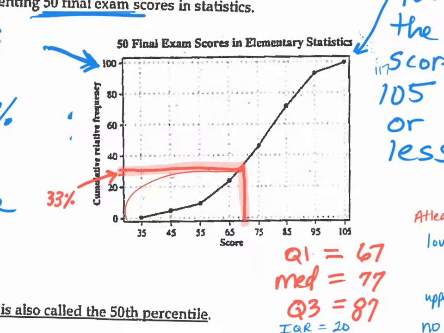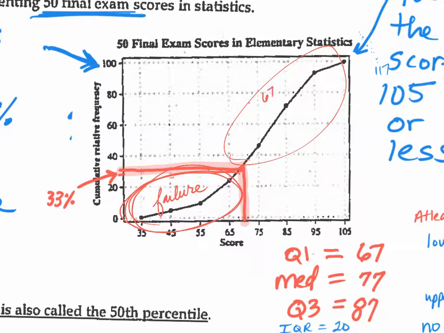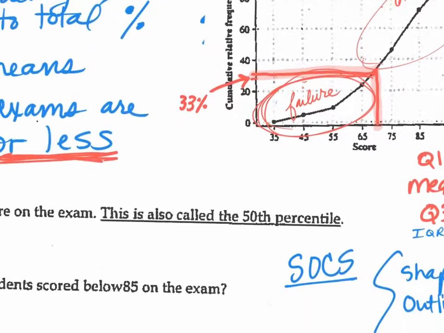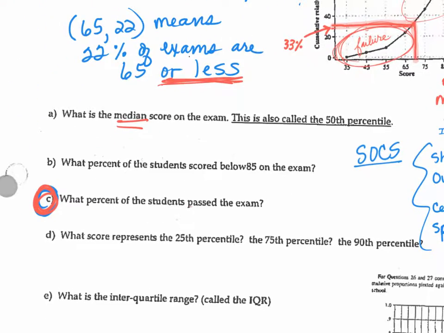Okay, yeah, 70 is fine. So you could probably say this is 30 to 33%, whatever percent, that's the failures. And so if you were going to answer question C, the percent that passed is that 67 to 70% of students passed, because passed is this upper part. All right, so I'm going to say 67 to 70% passed.